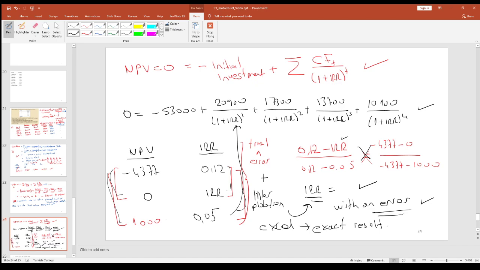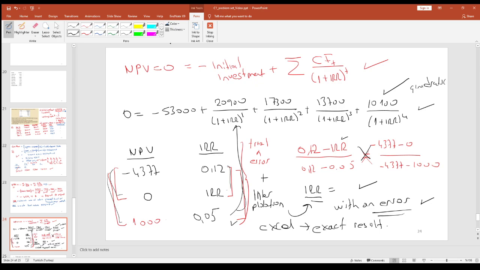Another reason is that your equation here is polynomial, not linear. That's why trial and error and interpolation will not give you the exact solution. But you will find a very close rate if you use this method as well.